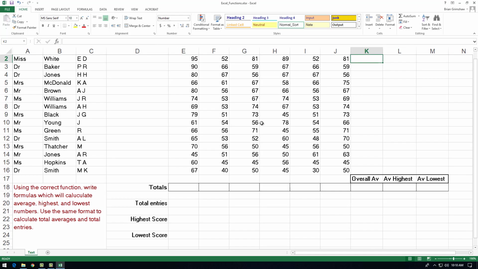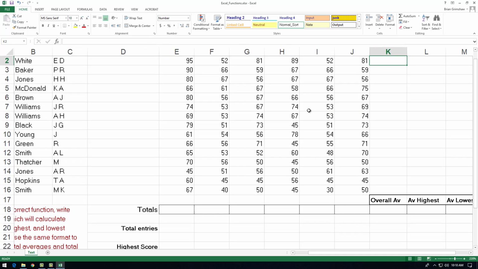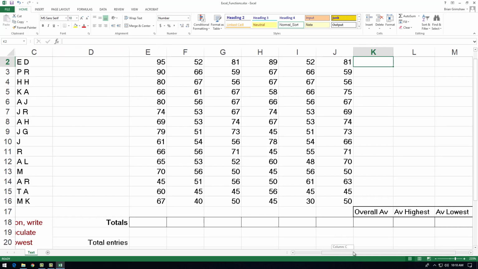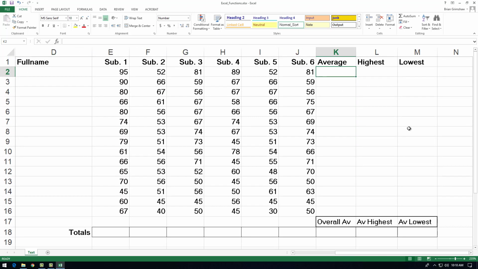For each one of these, if we're pretending that these are students, for each one of these students, we are going to figure out, of the 6 subjects that we have scores for, we're going to have the computer figure out an average, find their highest score and their lowest score.